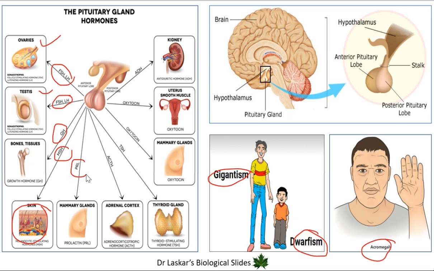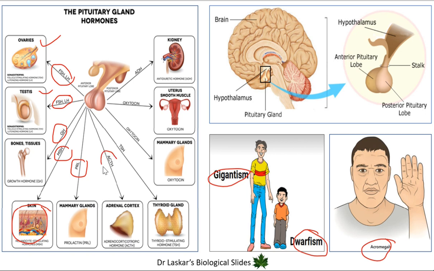Next hormone, prolactin, in brief PRL. Prolactin regulates the growth of the mammary glands, and it also regulates the formation of milk in them.